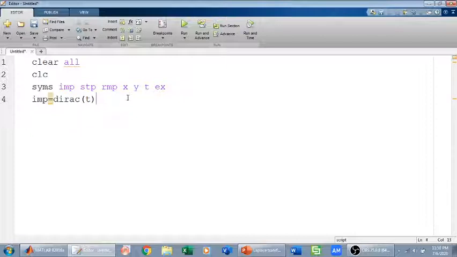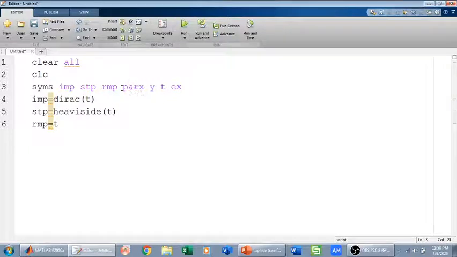If it is not clear to you, you can watch my earlier videos in which I have shown how to define a unit step signal, a unit impulse signal in MATLAB, and how to plot that signal. So impulse is dirac of t, and then we have the step signal. Step is defined as the heaviside. So heaviside of t will give me a step signal. After that I have ramp signal. Ramp is t.